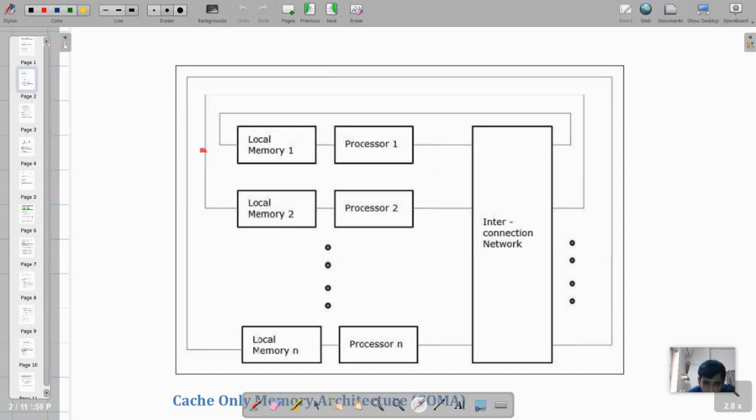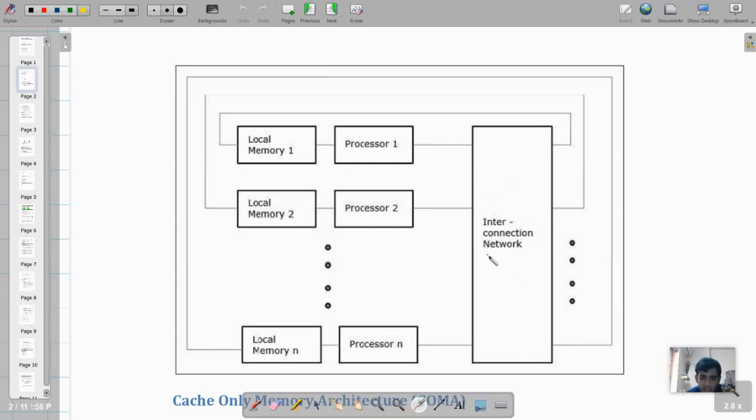The memory units as a whole act as a global memory space which can be accessed by any processor whenever necessary through this interconnection network.